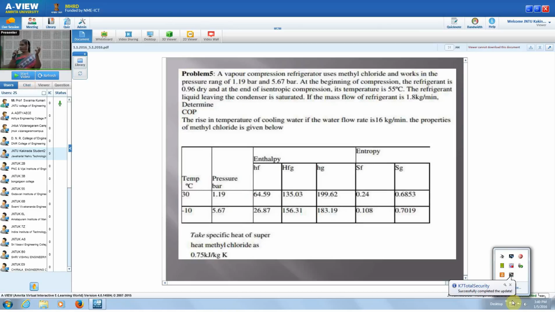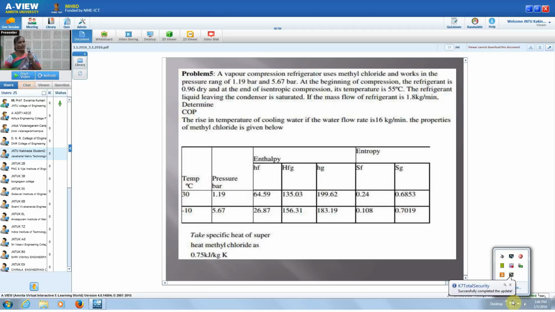So 55 minus 30 into the specific heat of vapor, plus the saturated vapor enthalpy. If you add that, you will get HB. After finding this, you equate the heat removed in the condenser to the heat gained by water in the condenser. So MCp delta T of the water should equal MCp delta T of the refrigerant.